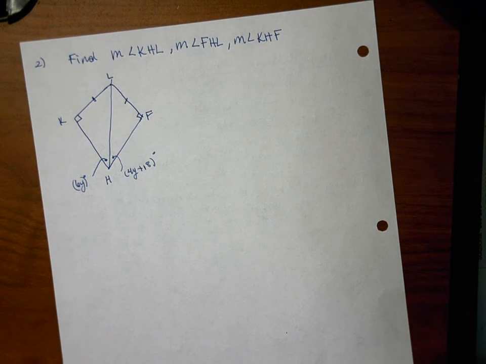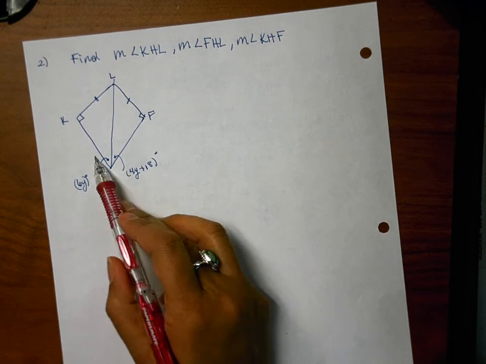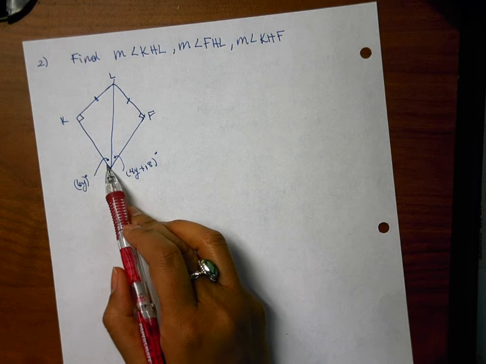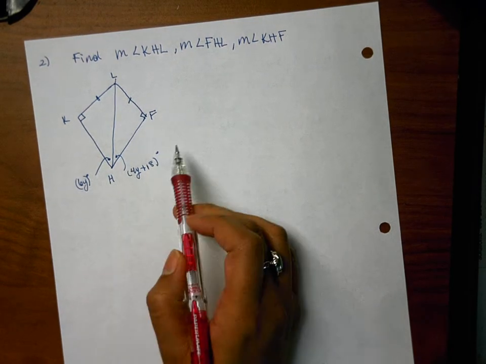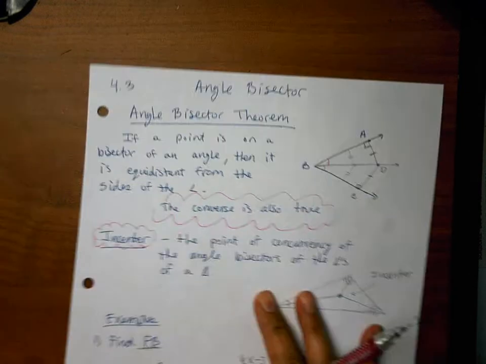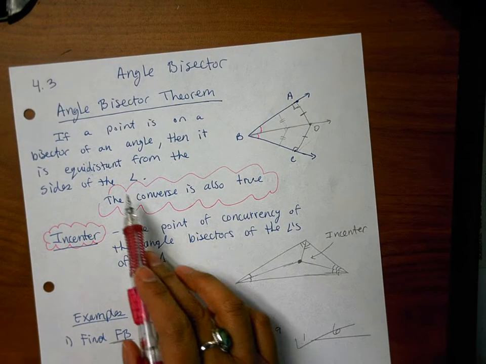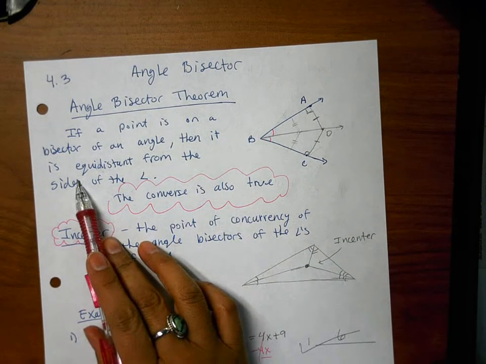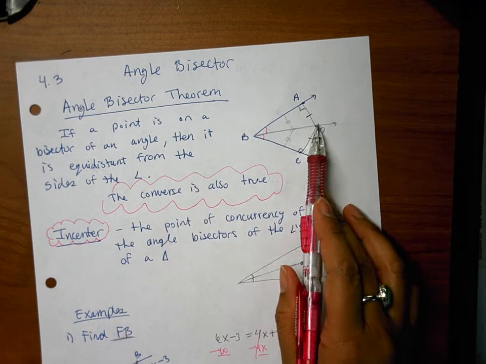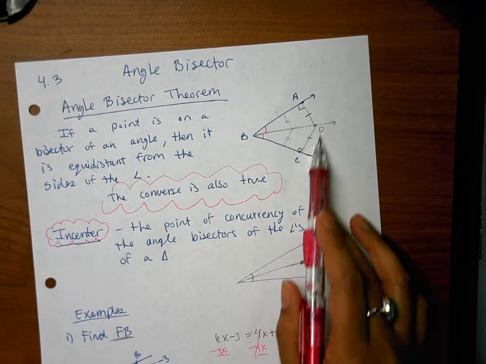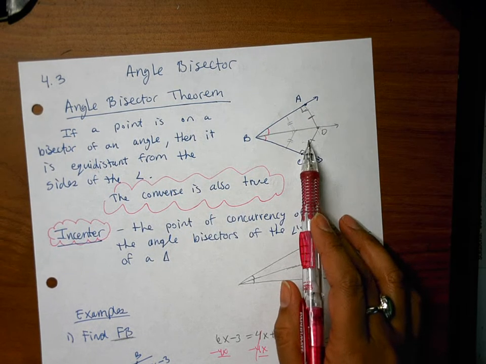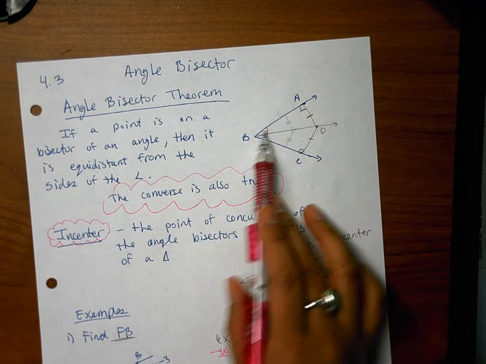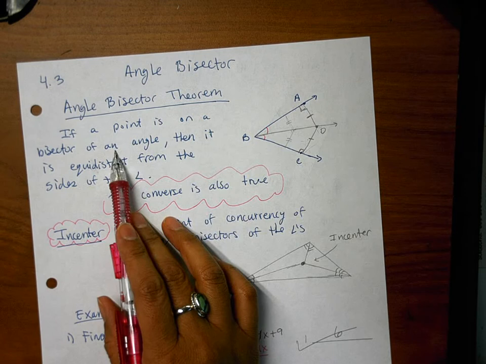Okay, so they gave us no markings here at all. So how do we find y when we don't know what's going on here? This is the converse of the angle bisector theorem. The converse is if these two are equidistant, if those two sides there are congruent, then this point lies on the angle bisector.